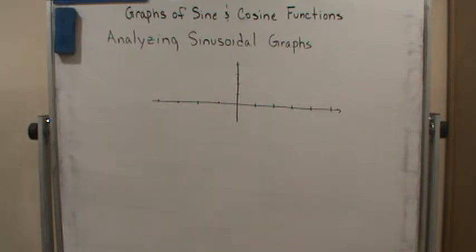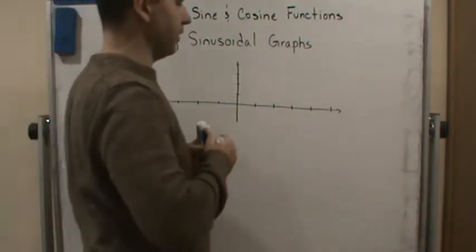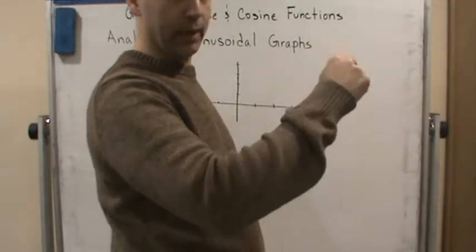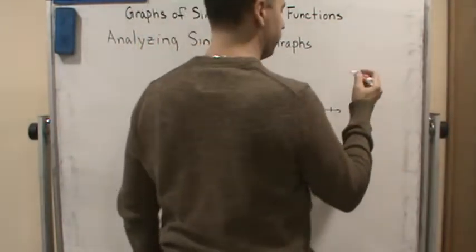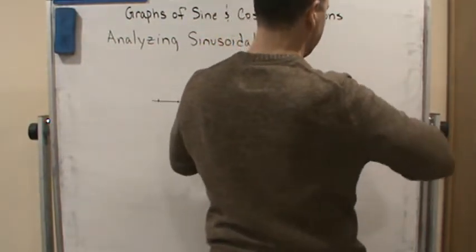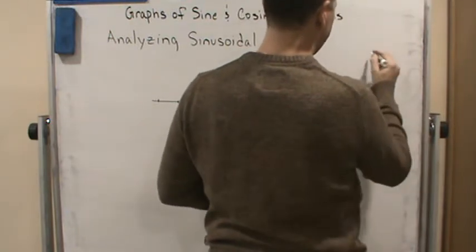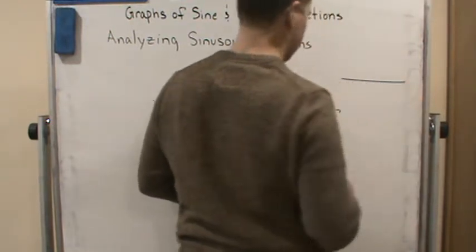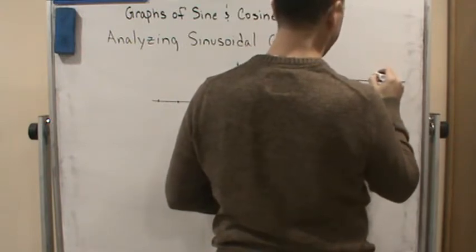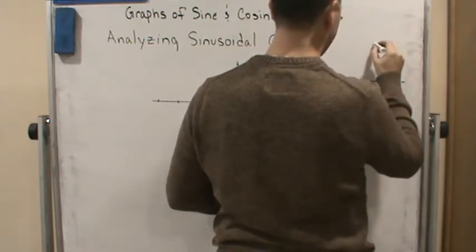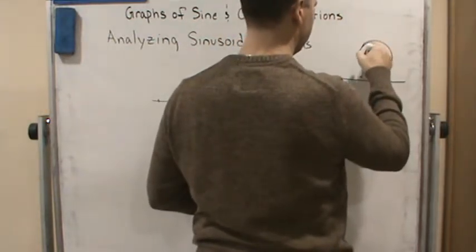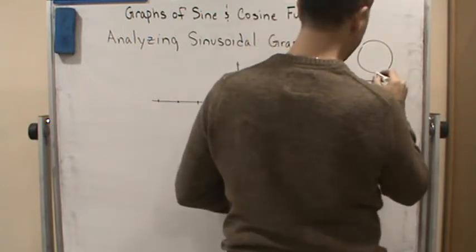Okay, so here's what we have. We've got a wheel where the center is 4 feet above the ground, and it has a radius of 3 feet. Okay, so this is what we're visualizing. We've got the ground here. We've got a circle, right?